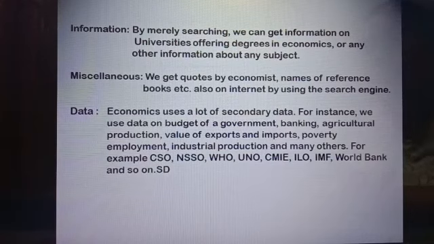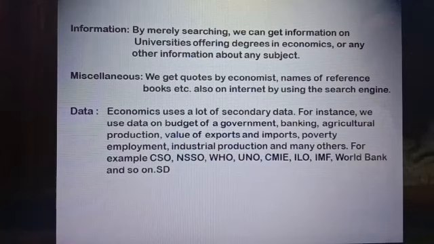Many universities offer degrees in economics or other subjects, and we get that information with the help of the internet. Again, for that we require various types of search engines. One of the best and most common search engines nowadays is Google. We get quotes by economists, names of reference books, etc. also on the internet by using search engines.